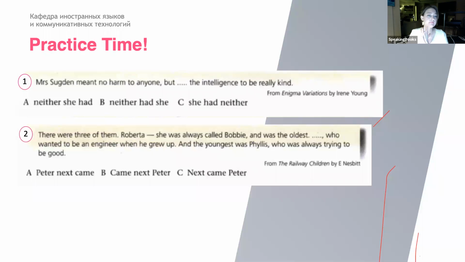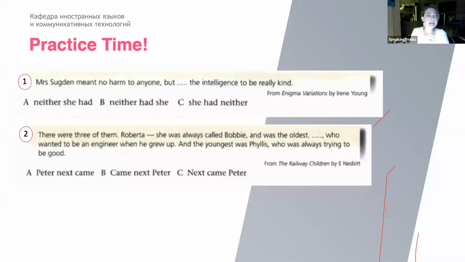Practice time. Good. Now I need everybody's attention and participation. Let us vote. Look at sentence 1. Mrs. Sugden meant no harm to anyone, but neither had she the intelligence to be really kind.